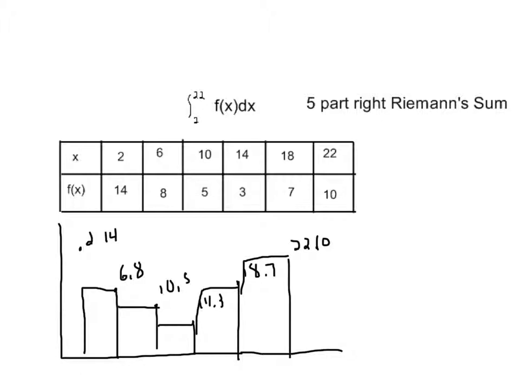So I know the first rectangle is 4 wide and 8 tall. This is 4 wide and 5 tall, 4 and 3, 4 and 7, 4 and 10. So from there you could pretty easily set up the sum that adds those 5 areas together.